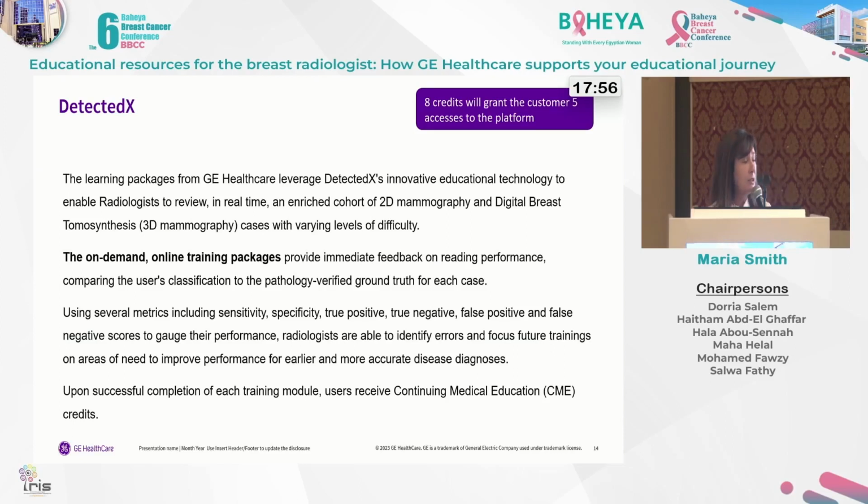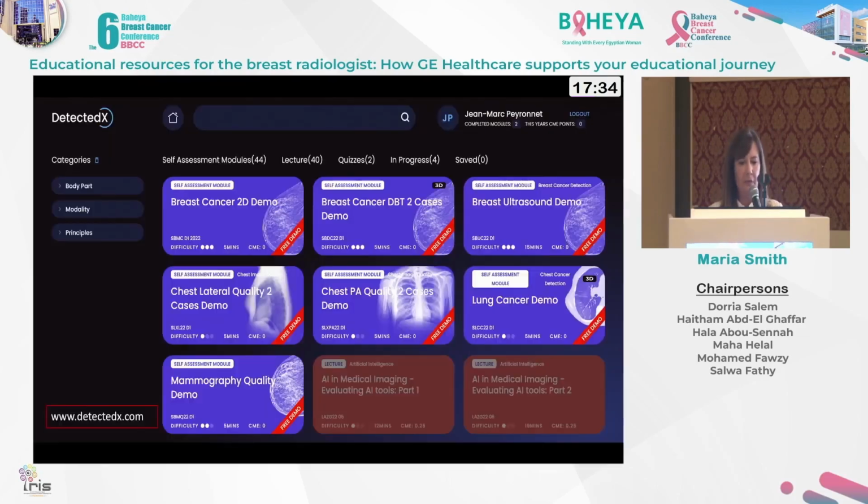And the beauty of this as well is getting immediate feedback, so you will know if you're finding those lesions or not. It uses several metrics like sensitivity, specificity, true negatives, positives, and all that. Just in terms of gauging your capability, this gives you immediate feedback, which is really nice.